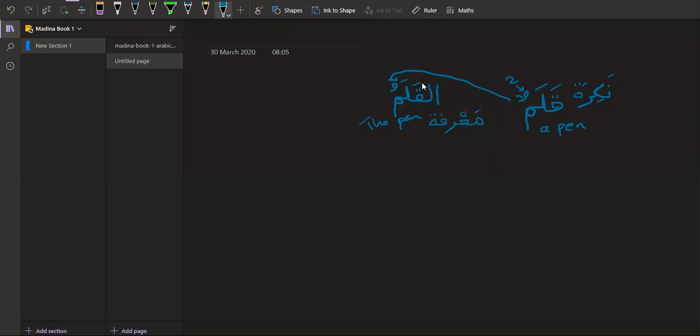Then in the last lesson, we talked about the difference between a noun which is mudhakkar, which is masculine, and a noun which is mu'annath, which is feminine. And we mentioned the basic rule is that when we see a noun end with a ta al-marbuta, then we instantly recognize that that word is feminine.